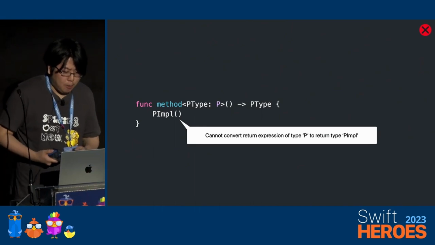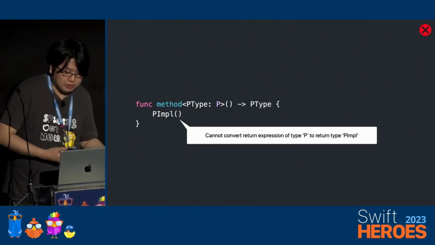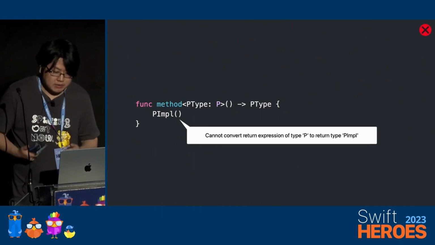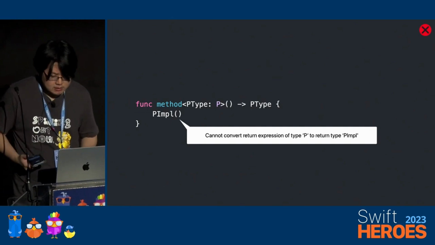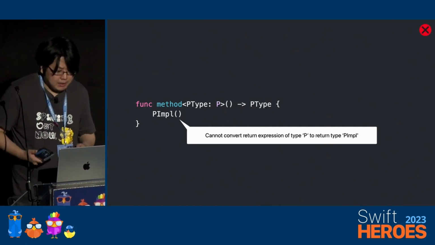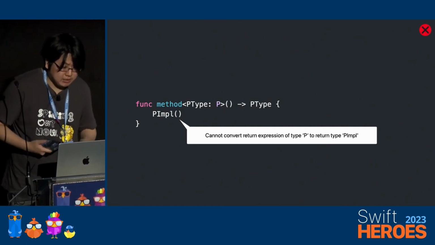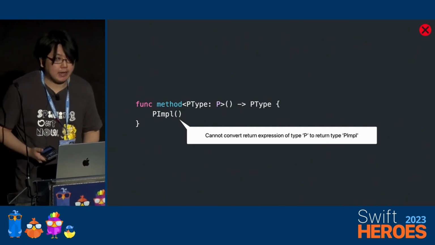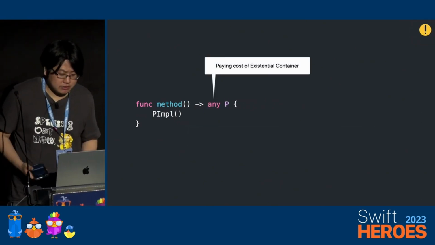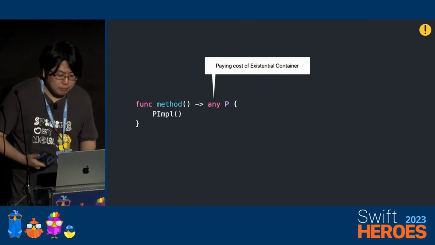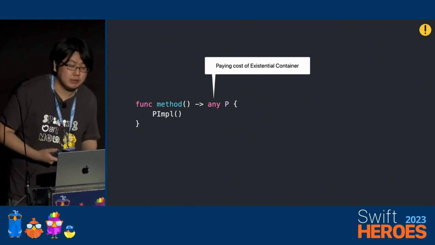The concrete type of P is decided by the user of this function, so it becomes a compile error due to type inconsistencies. You can also make the compile pass by using unsafe casts, but it makes an untype-safe API. Yes, we can use any instead, but we still need to pay the cost for the existential container.